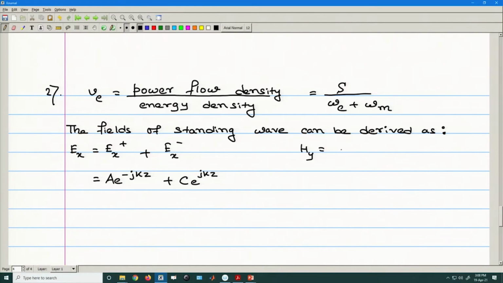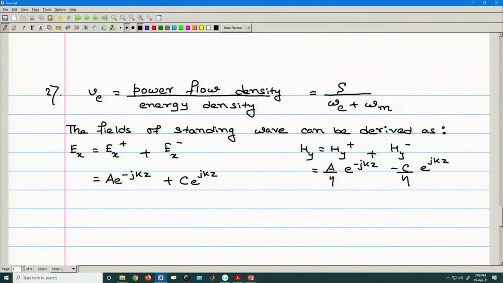So, similarly, Hy can be written as Hy plus Hy minus, that is A by eta e to the power minus jkz minus C by eta e to the power jkz, where A and C are the respective amplitudes. Fine.